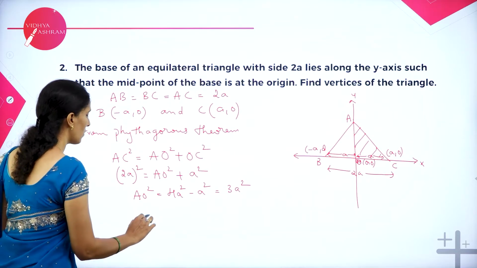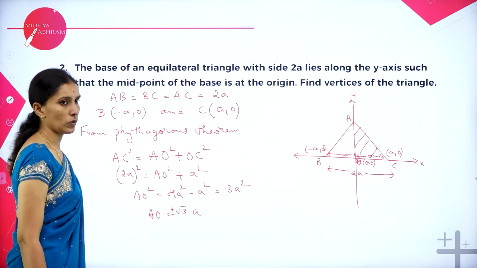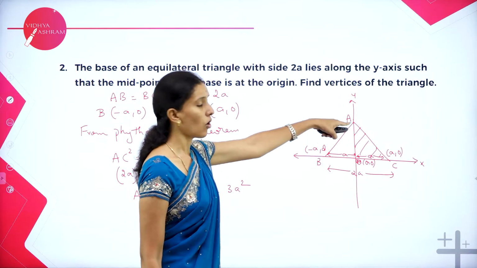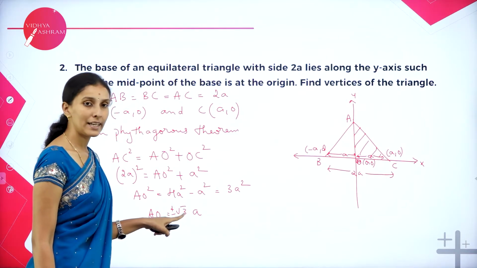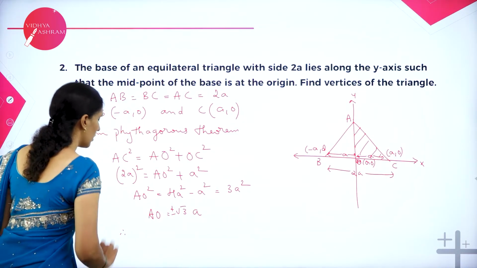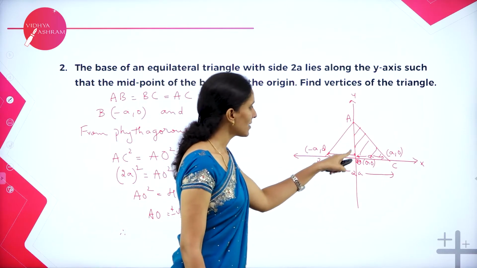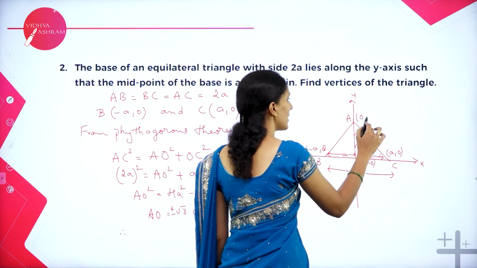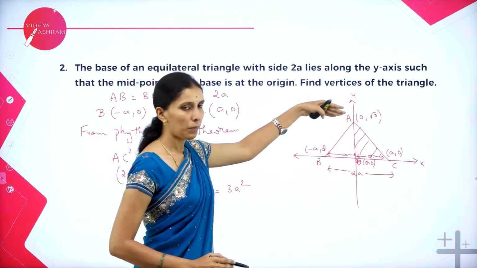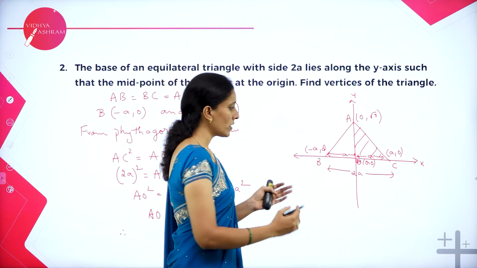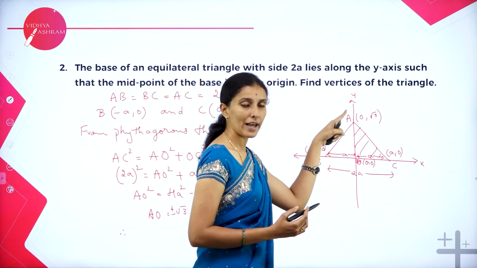Taking square roots on both sides, we will get AO or OA is equal to root 3 A, that is plus or minus root 3 A. So therefore, the distance from here to here we can calculate it as root 3 A. Now since it lies on the y-axis, the coordinate of x is 0 and the value of y is root 3 A. So here if we draw the triangle on the positive y-axis, it is plus root 3 A. Suppose they have not given on what side, whether the triangle is in the positive direction of the y-axis or in the negative direction.